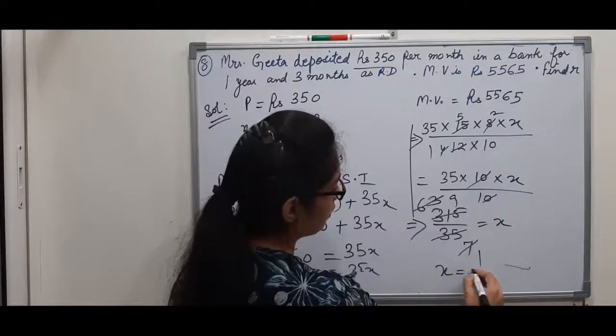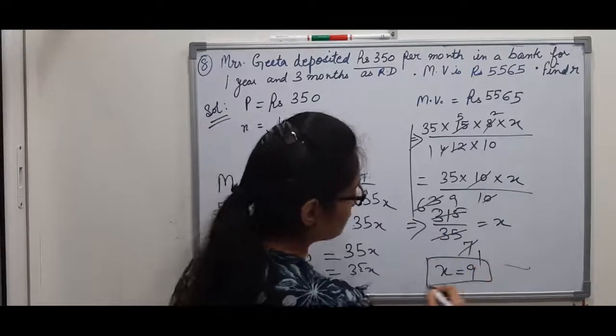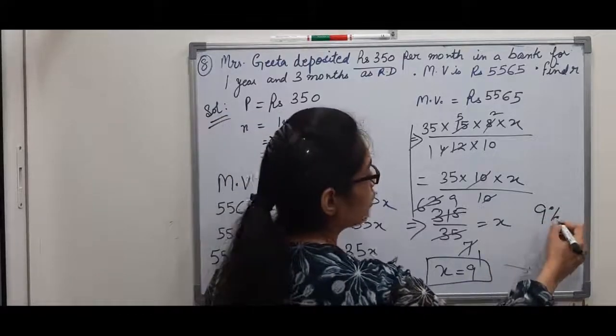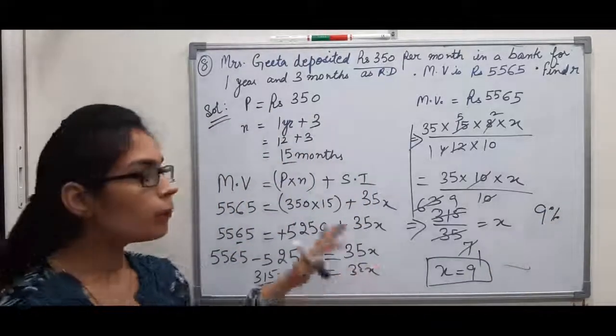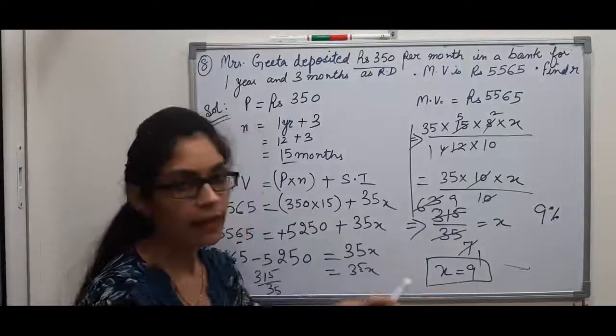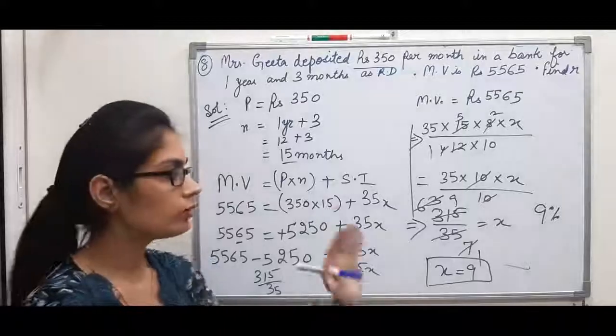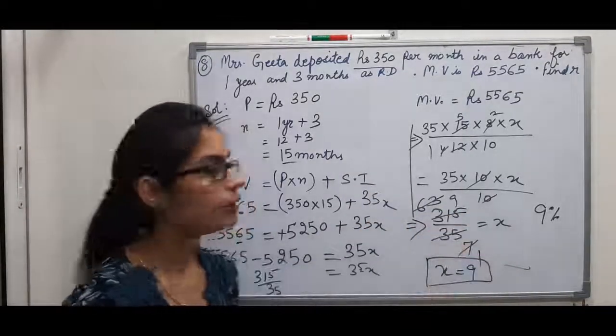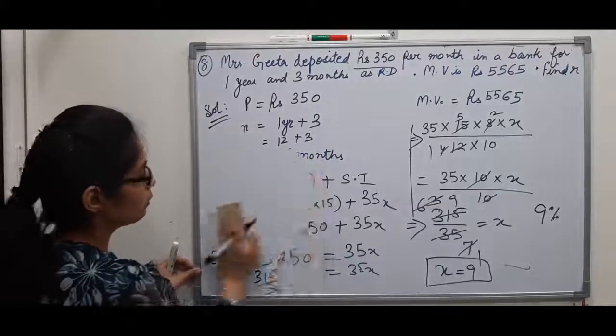So x is 9. Now I can see the rate of interest will be 9%. You have to write each and everything properly. If you have calculated x equals 9 and I know x is my rate of interest, then at the end you have to mention rate of interest per annum will be 9%. So let's do the next question now.